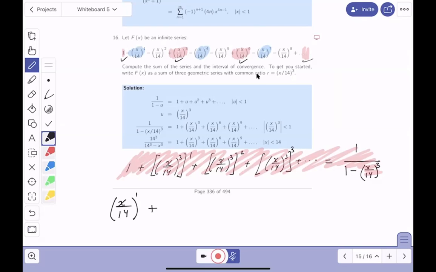By the way, I noticed subtraction. I'll do that later. And then x over 14 fourth power, right? And then x over 14. It's more difficult. I know that. Sixth power.